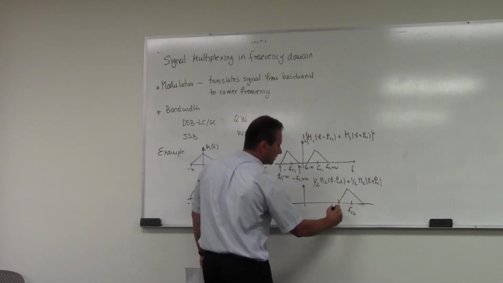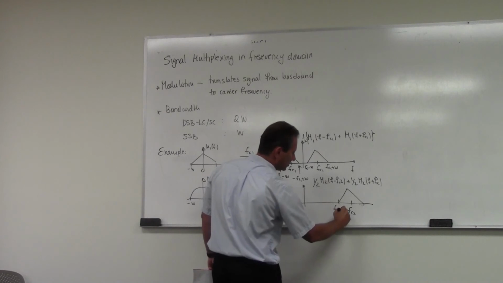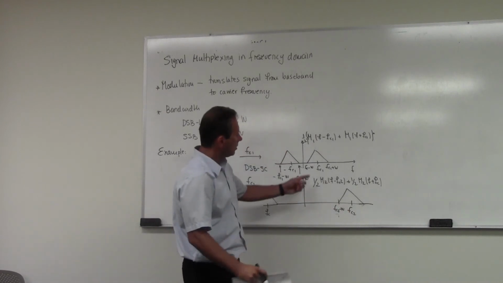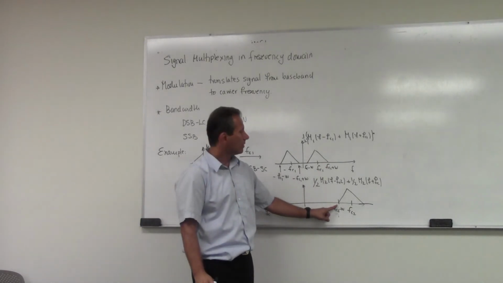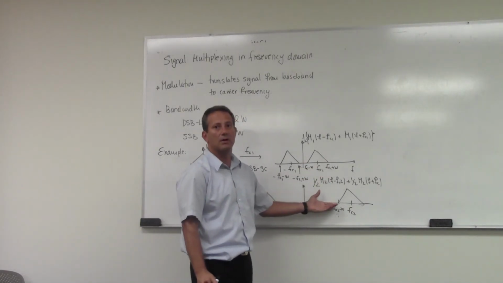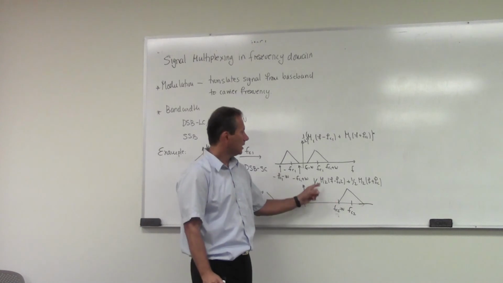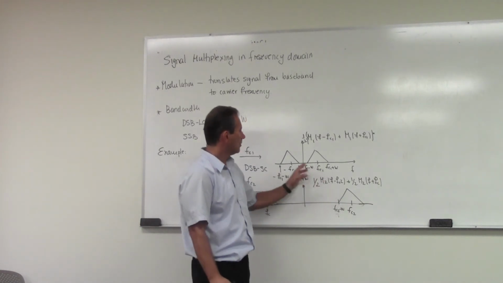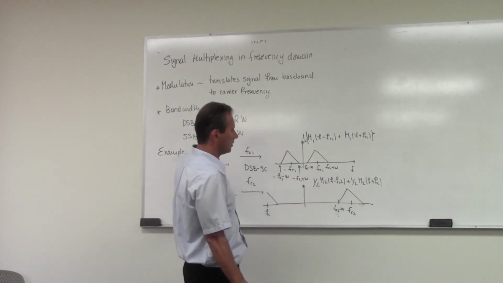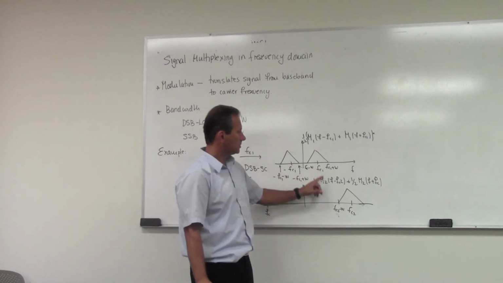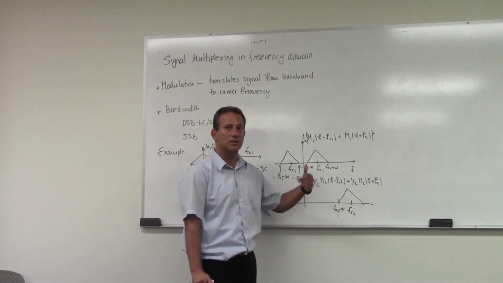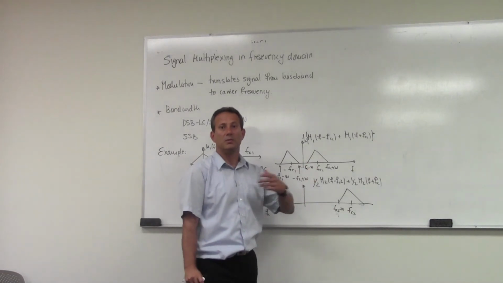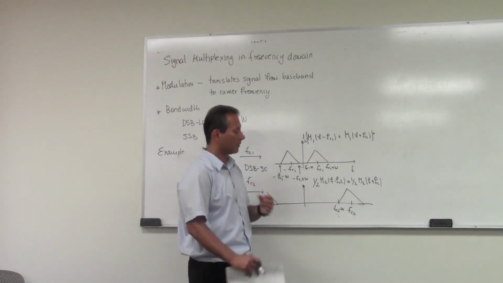And this lower point here is FC2 minus W. As long as these two points don't overlap, I have a means of separating. All I have to do is proper filtering. So if I'm modulating signals of bandwidth W, that tells me that the separation between these two carriers has to be at least 2W plus a little bit more to allow for filtering.